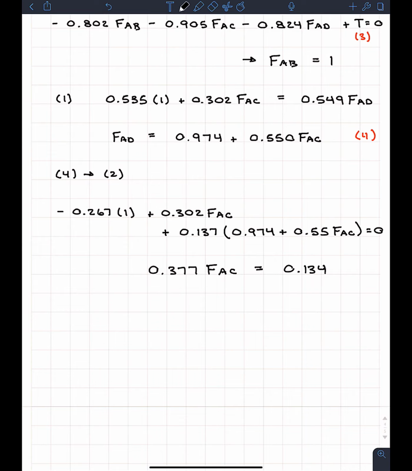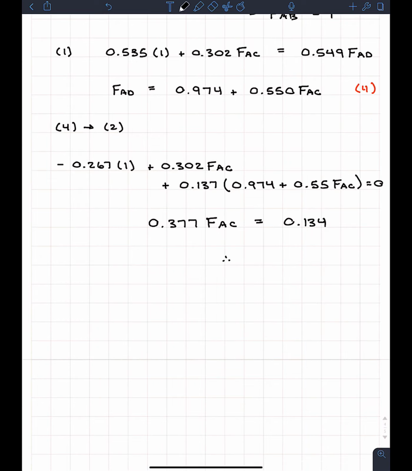Therefore, I can just divide by 0.377, and I get FAC is equal to 0.354.